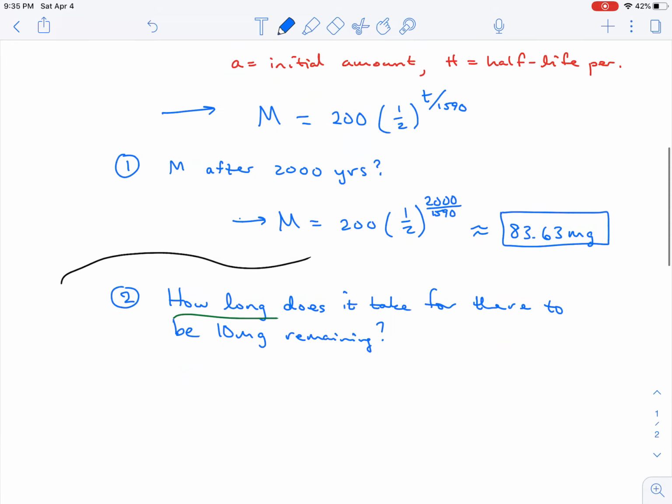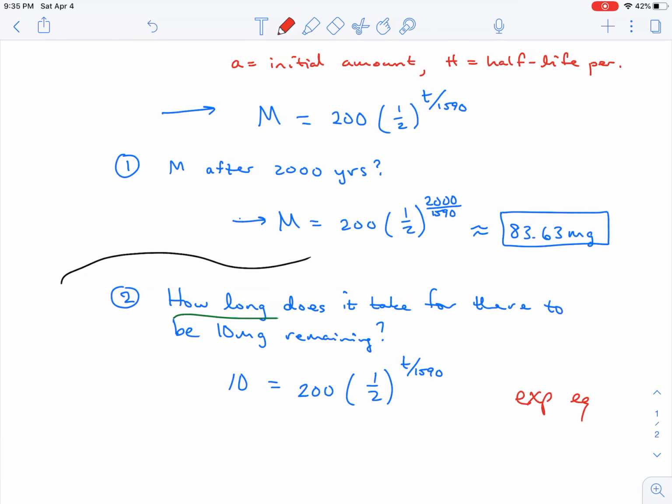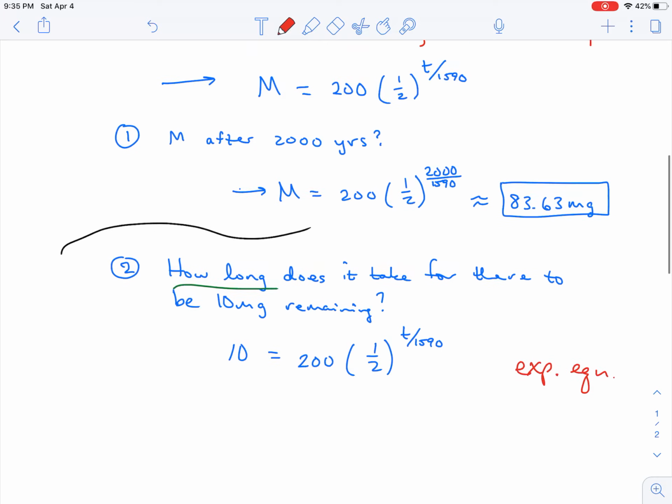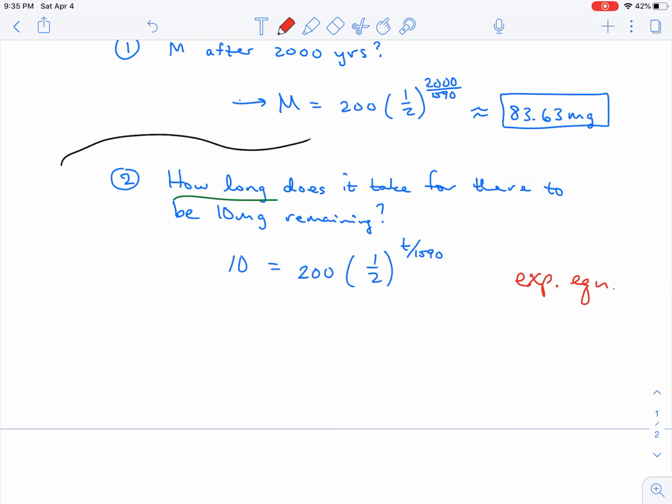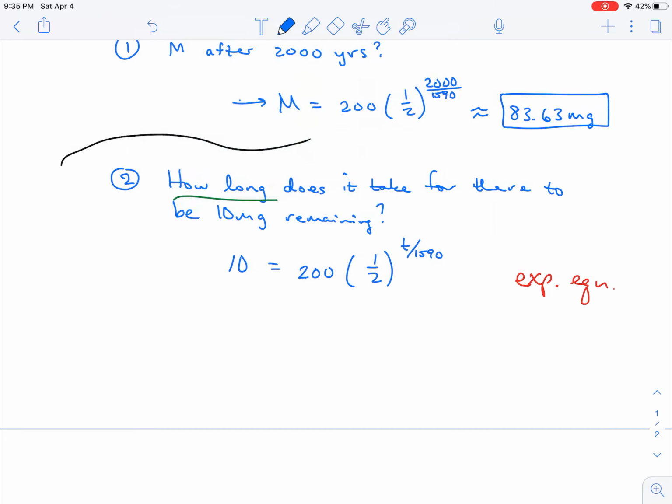So we'll solve 10, as the output, equals 200 times 1/2 to the t over 1590. And this is an exponential equation, so we proceed with the techniques for an exponential equation. Isolate the exponential by dividing by 200, and then take the log of both sides and continue.